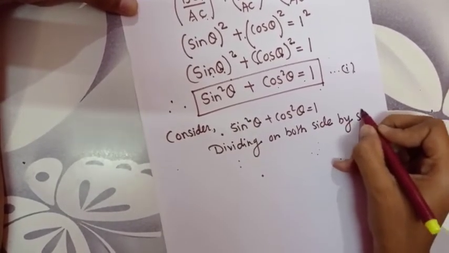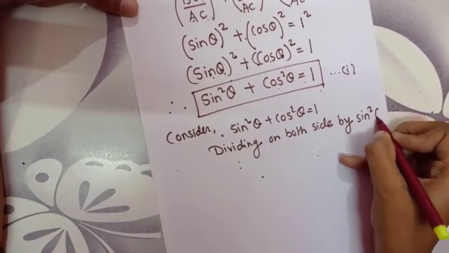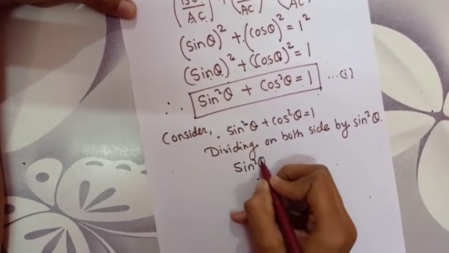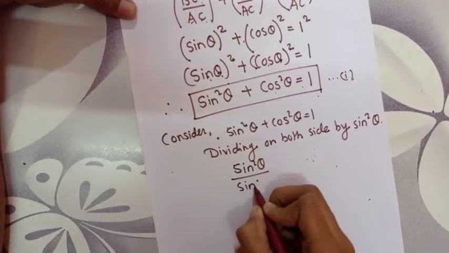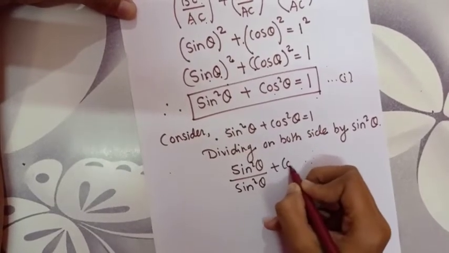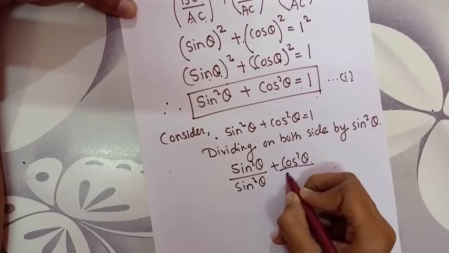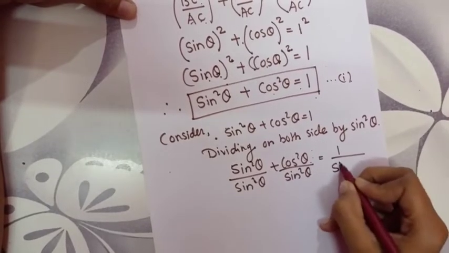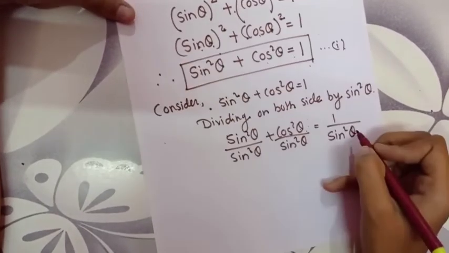by sin square theta, we will get sin square theta by sin square theta plus cos square theta by sin square theta is equal to 1 by sin square theta.